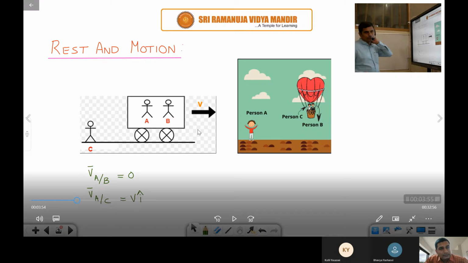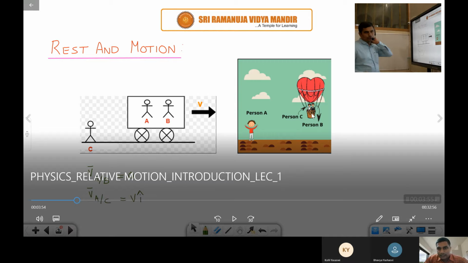That 50 centimeters doesn't change, even though the car is moving, correct or not? Yes, sir. So person B is at rest with respect to C, but person B is moving with respect to A. So to person C he is at rest, to person A he is in motion.